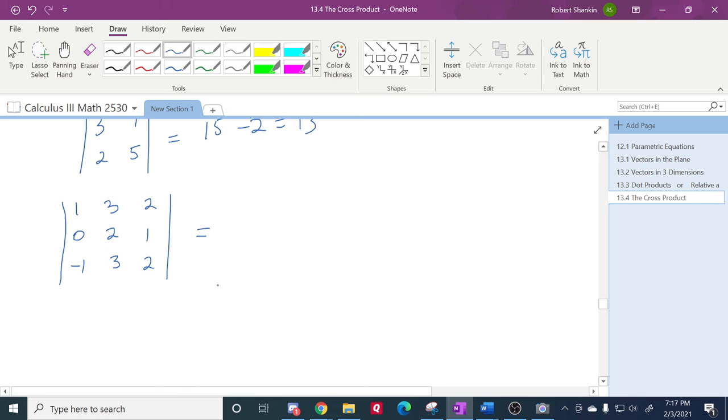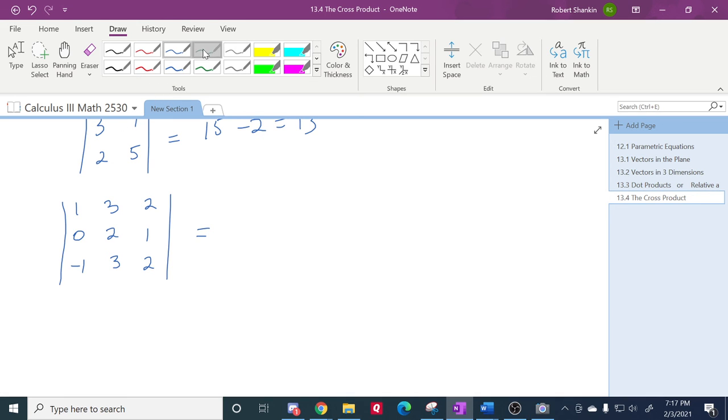All right. What you do is you choose a row or a column to move along, and then you can figure it out. And then we're going to choose, let's say we're going to choose this top row to move along.